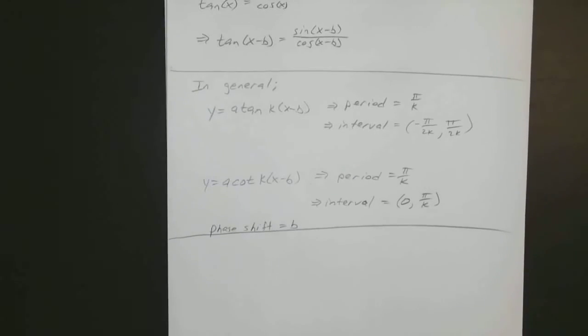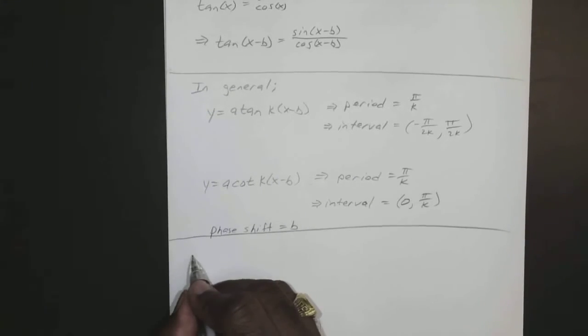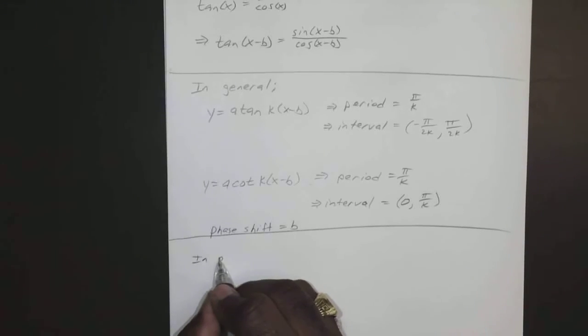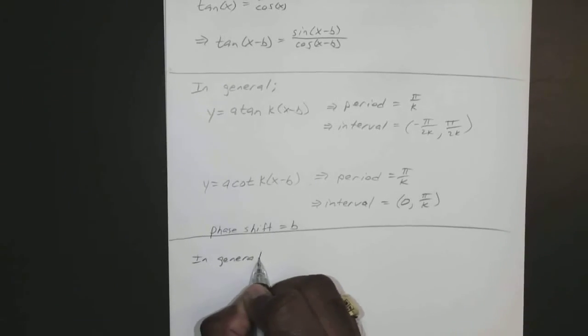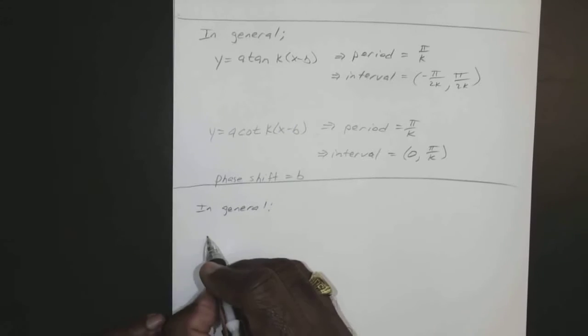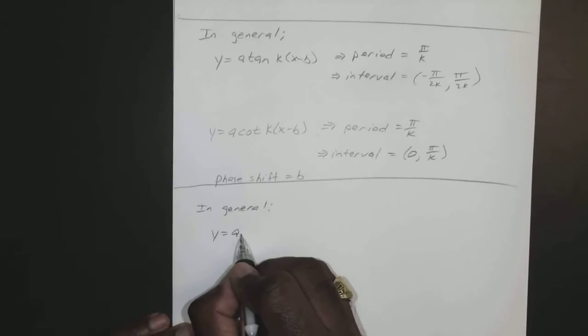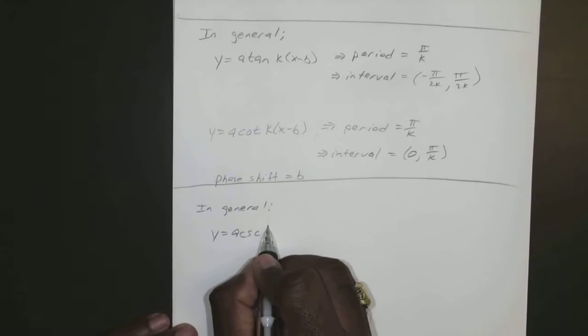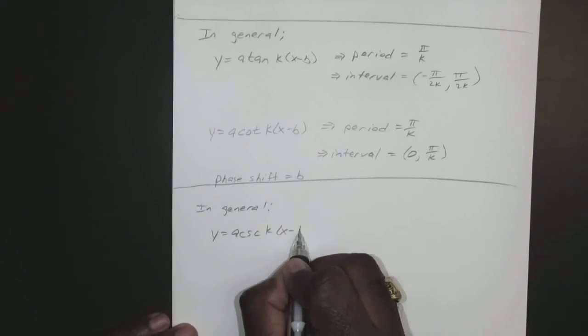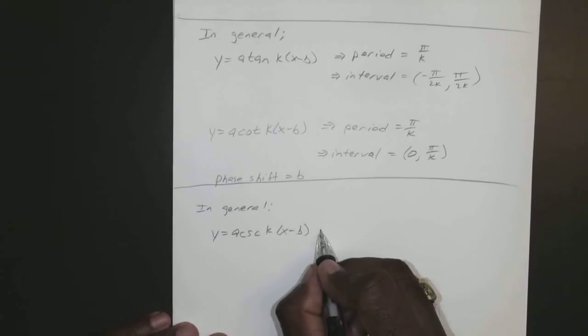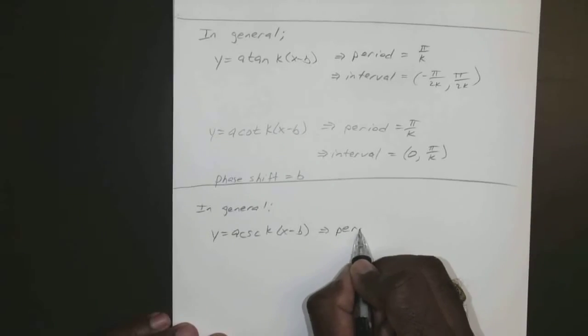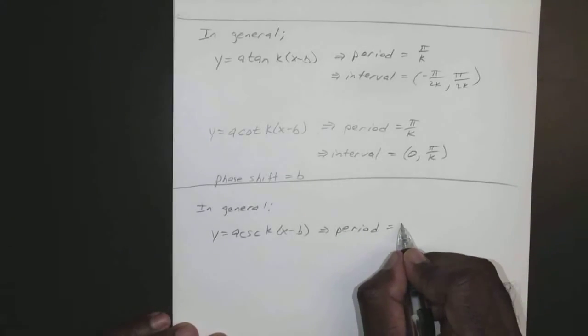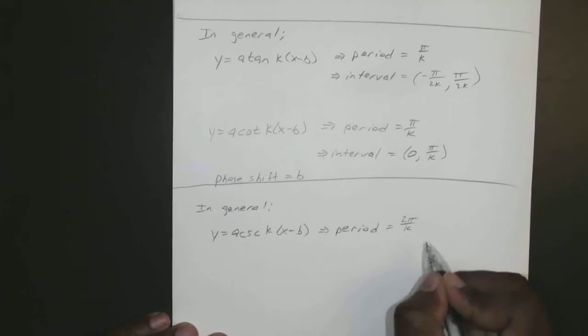Okay. Now, if we're going for cosecant and secant, let's say y equals a cosecant k of x minus b. Your period is, again, 2 pi over k.